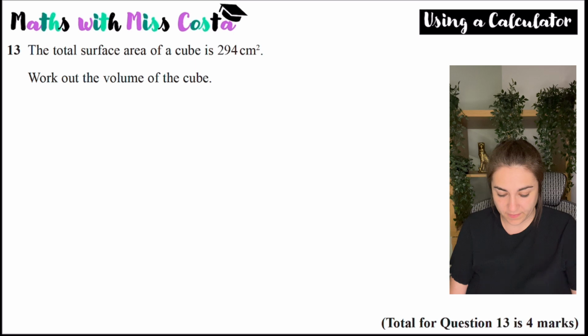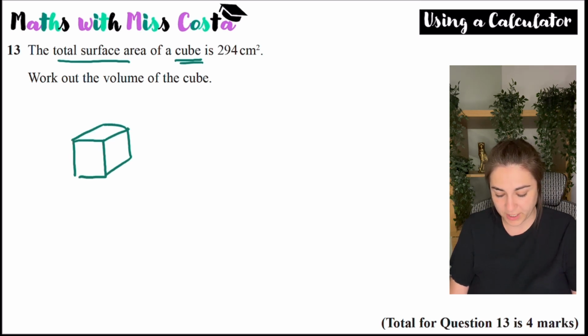Next, I'm told that the total surface area of a cube is 294 centimeters squared. So that means that a cube is a 3-dimensional shape and it has 6 faces. So it has the front, the back, the top, the bottom, the side, and this side over there.